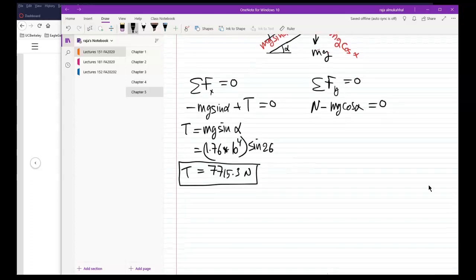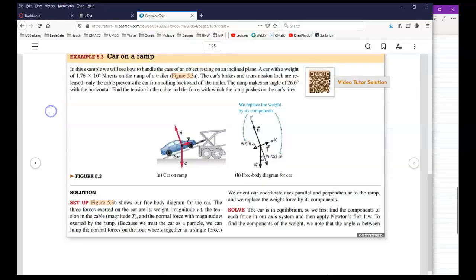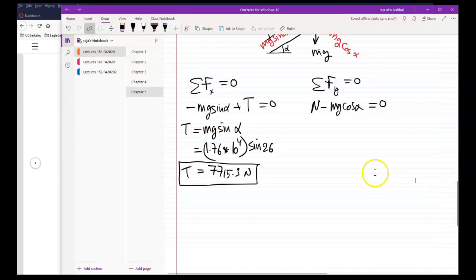Okay, is he asking for the normal? I forgot. We can calculate that. Find the tension in the cable and the force with which the ramp pushes on the car's tires. Look at that. What is he asking for? Well, he's asking for the normal. The normal is the reaction to the weight. So how much force the ramp is pushing, which is basically the normal vector. And I have it ready. It's basically the normal is equal to mg cosine alpha.